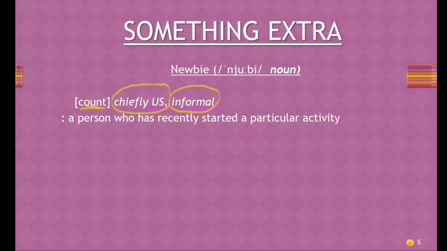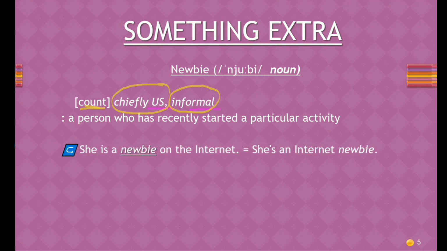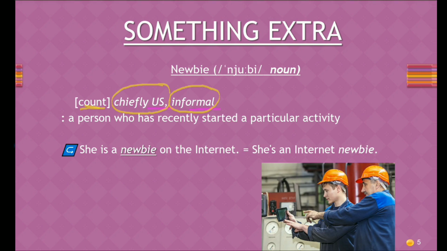First one: she is a newbie on the internet, which means she is an internet newbie. She is new to the internet, or she has recently started to use the internet.